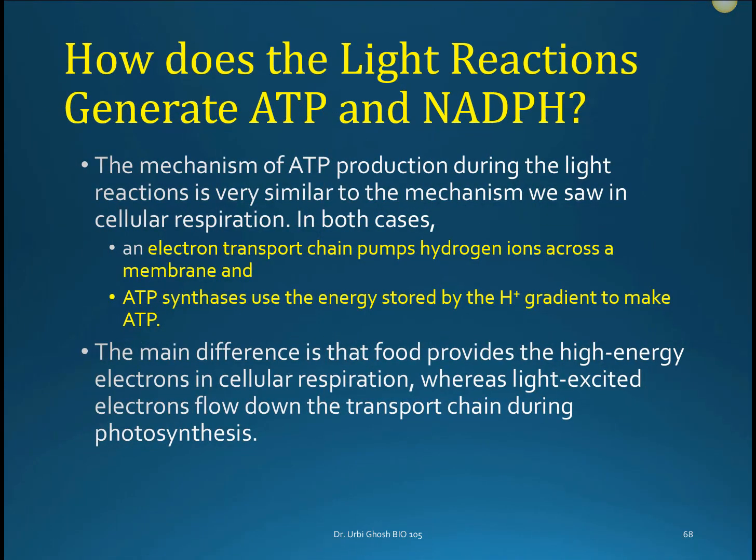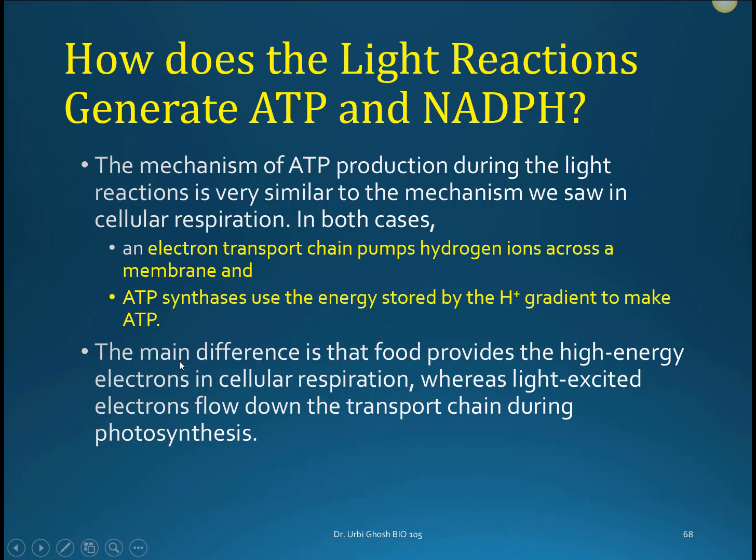So how do light reactions generate ATP and NADPH? Well, it's a similar mechanism to what we found in cellular respiration, in which you have a bunch of proteins on the membrane that serve as an electron transport chain and pump hydrogen ions across the membrane to create a hydrogen ion gradient, a chemiosmotic gradient, which the ATP synthetase will then use to make ATP.